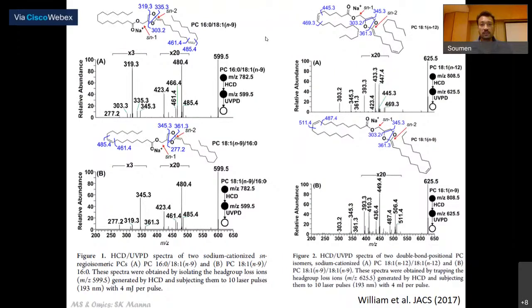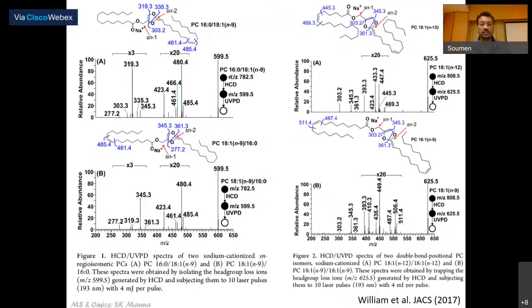Using this technique, you can see that both of these lipids have the same overall formula, PC 34:1. The fatty acyl chains are also the same, but the position of the fatty acyl chains is different.